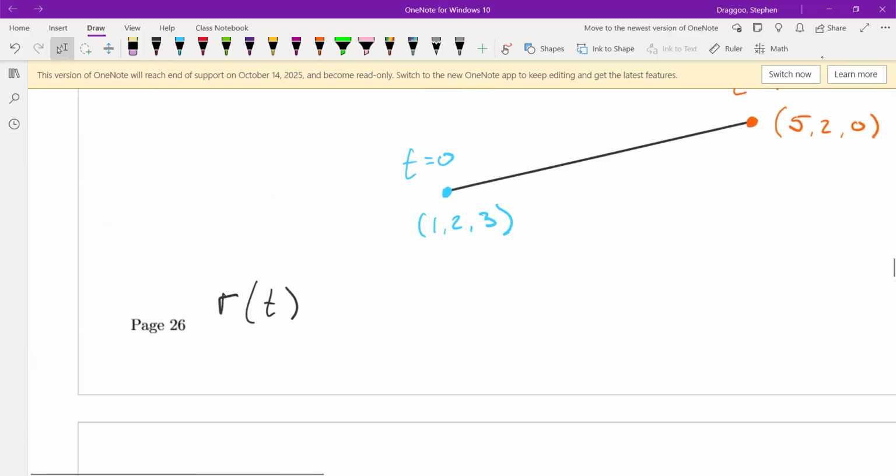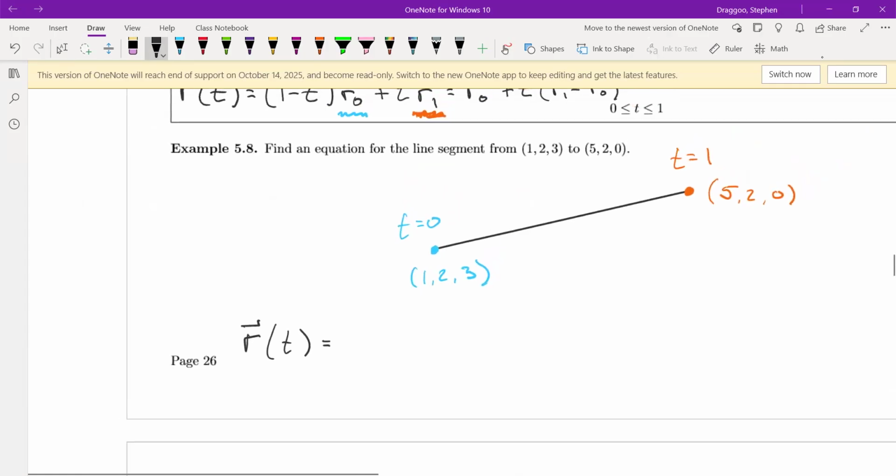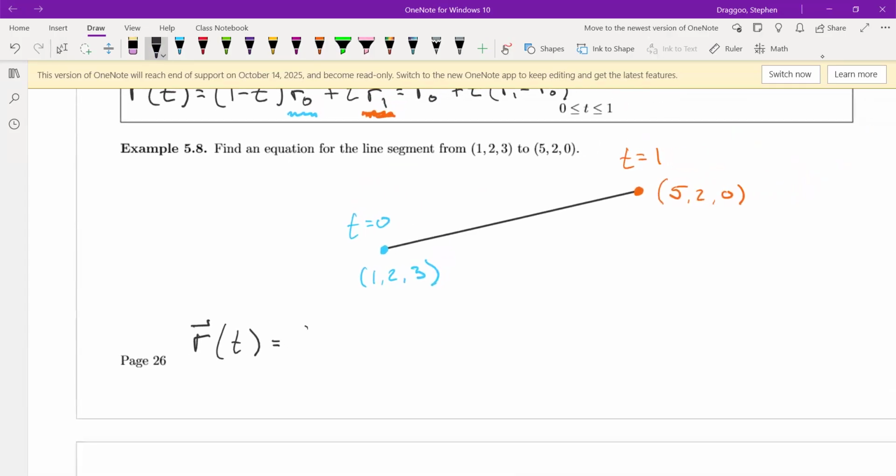So my vector function, r of t, is going to be my initial point, where I want 1 minus t times r1 or r0. So I'm going to highlight this one in blue.